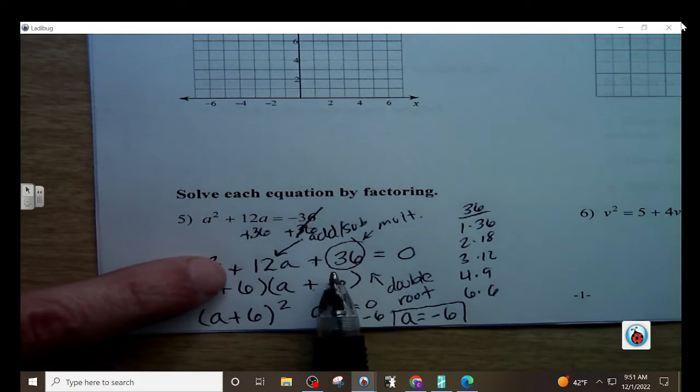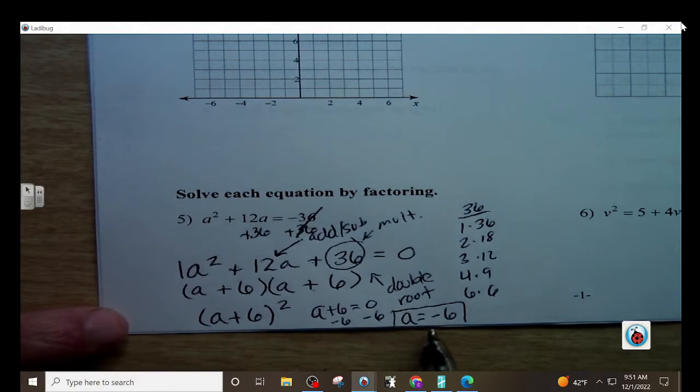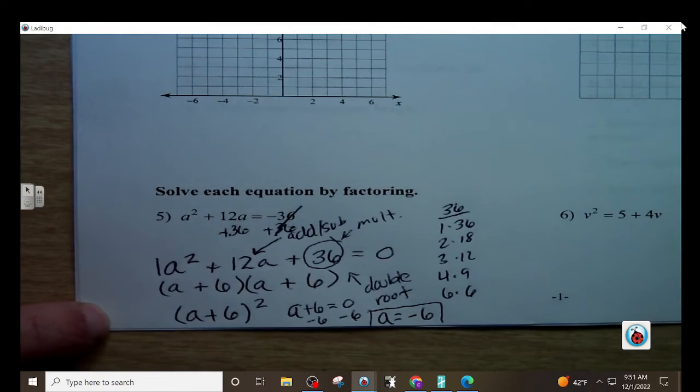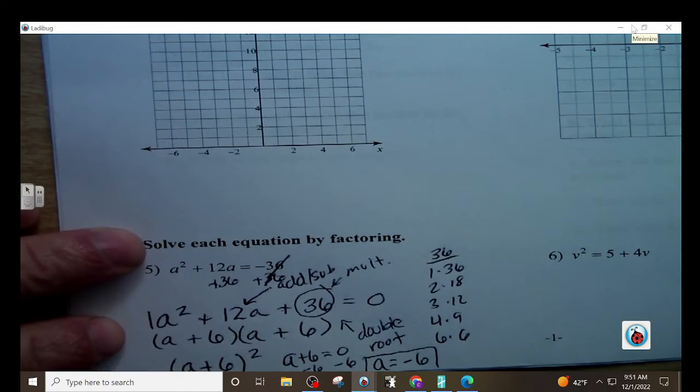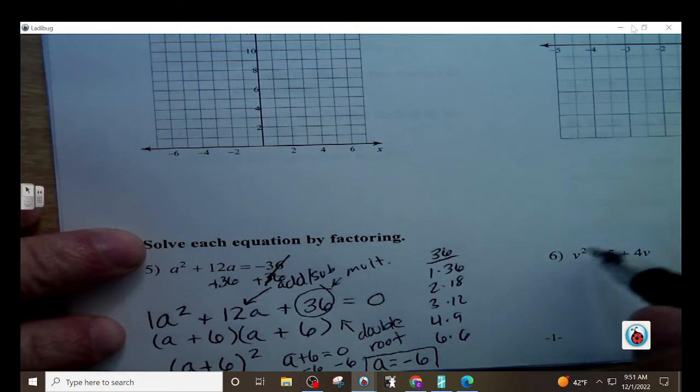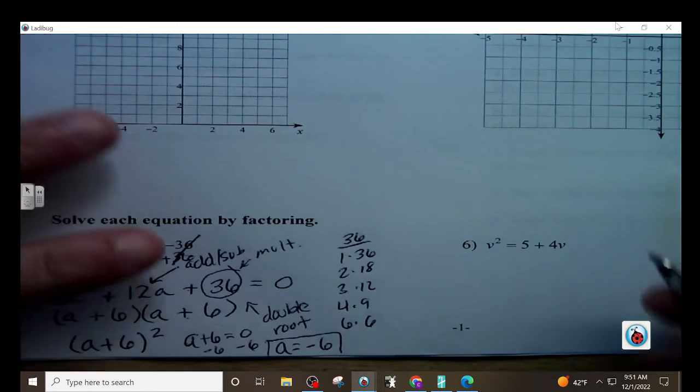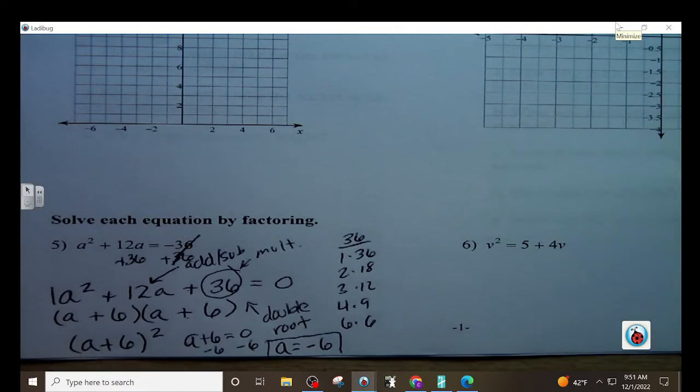When the binomials are the same, you end up getting one solution. And guys, the main thing that I see with factoring is make sure you get it equal to 0, and that you put it in standard form.